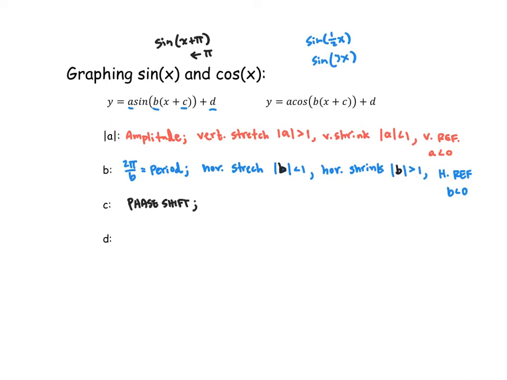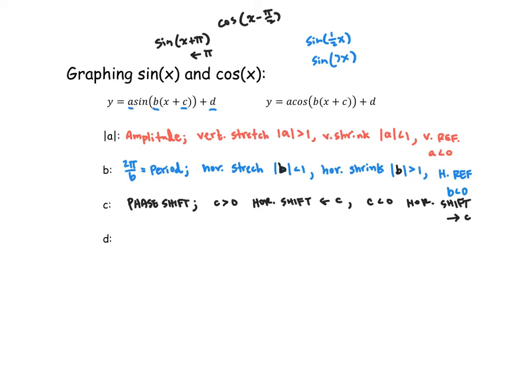If C is greater than 0, then that is a horizontal shift left C units. If C is less than 0, that will be a horizontal shift right C units. Just so that you're feeling a little bit more comfortable, if I have x minus pi over 2, of course that would be a shift to the right, pi over 2 units.